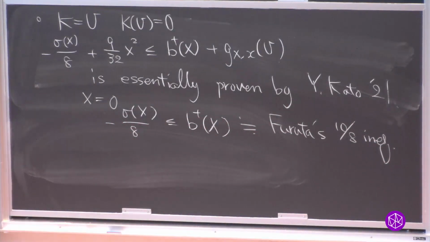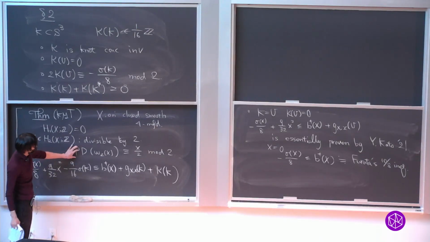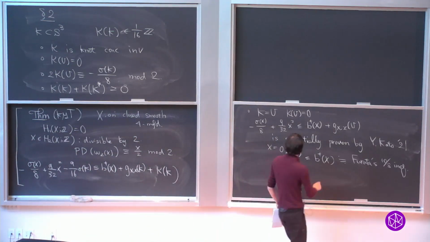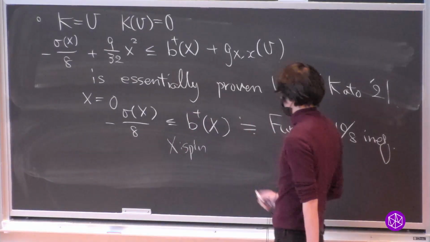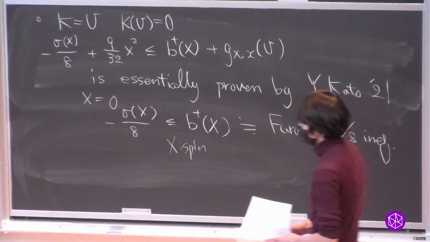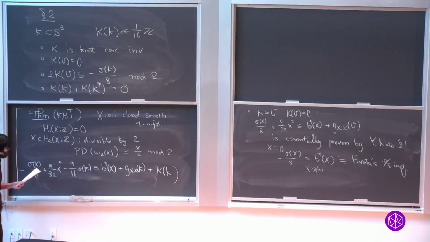If you consider the zero homology class, then this condition actually implies X is spin. So yeah, we have the spin condition here, and this inequality is almost nothing but Furuta's 10/8 inequality. So our result can be seen as a generalization of Furuta's 10/8 inequality as well.